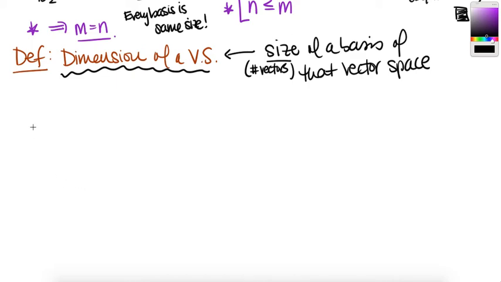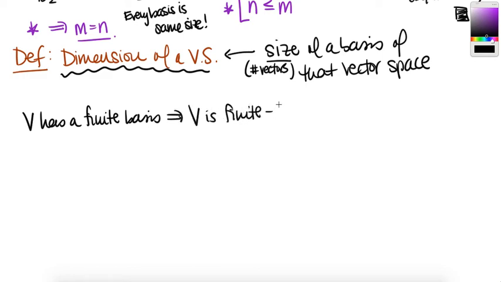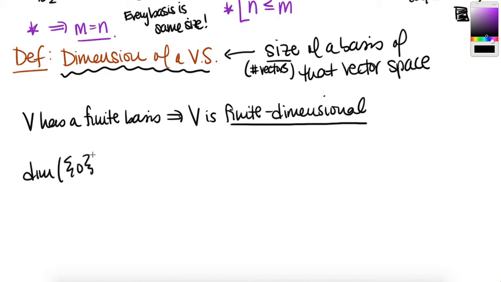If V has a finite basis, we say that V is finite dimensional. If we're talking about the vector space containing just 0, the dimension of that set we define to be 0.